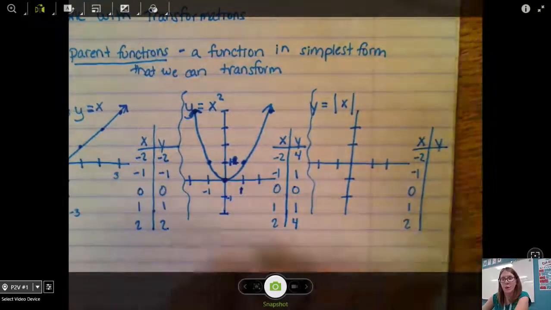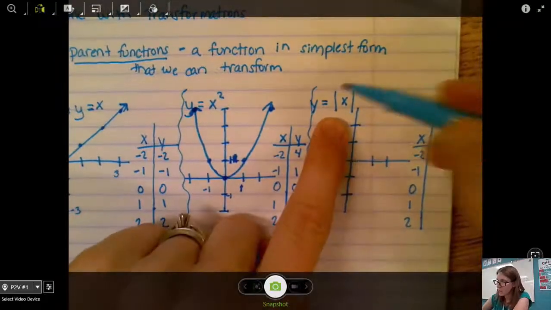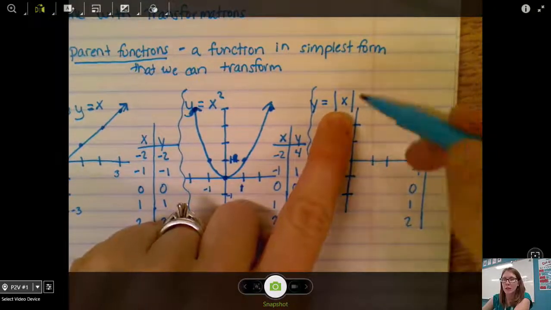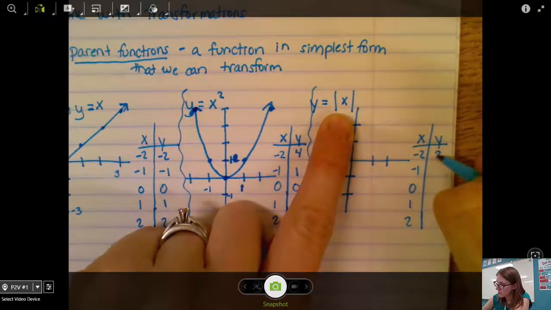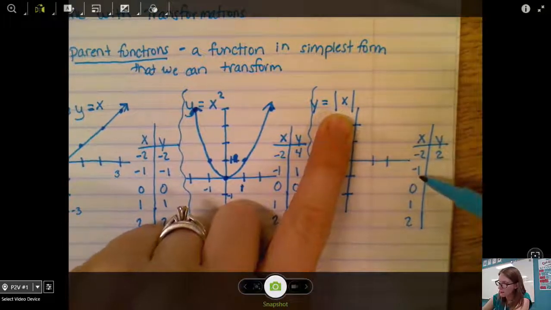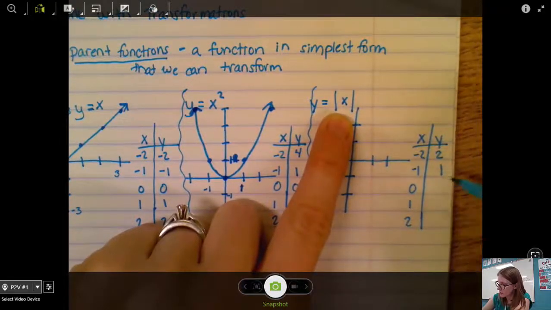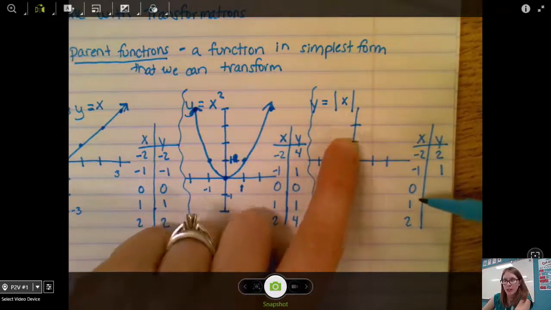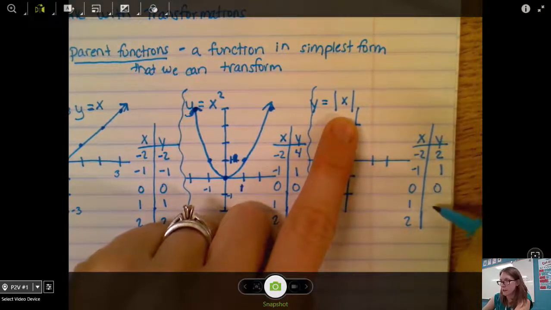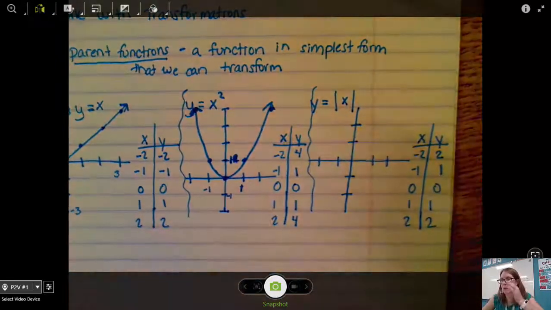All right, let's fill in our y values here. If I take -2 and plug it in, the absolute value of -2 is +2. Absolute value of -1 is 1. Absolute value of 0, absolute value of 1, absolute value of 2.